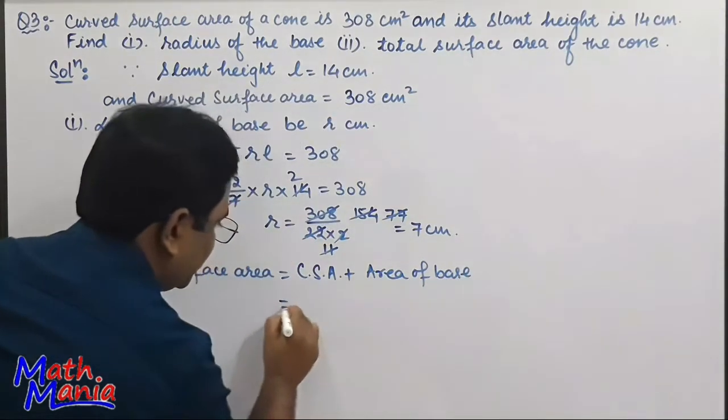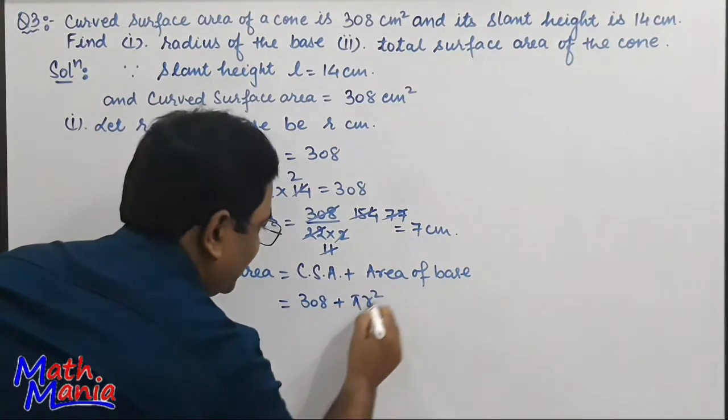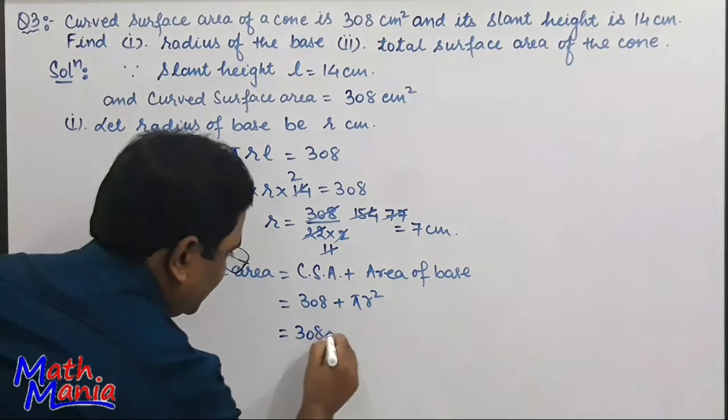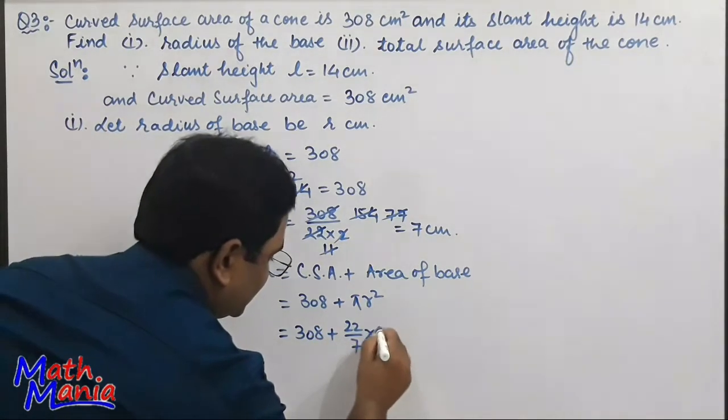So curved surface area is 308 plus area of base is pi r square. So let's simplify it. 308 plus pi is 22 upon 7 and radius is 7 square.